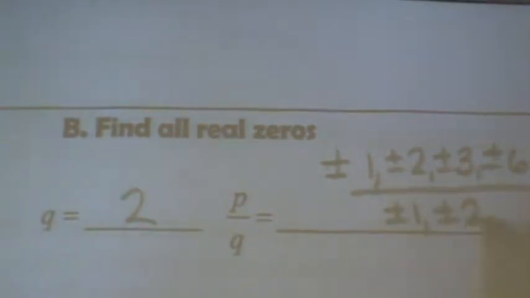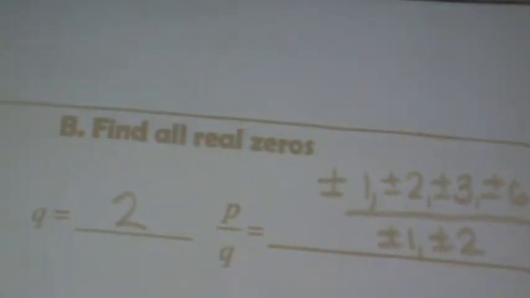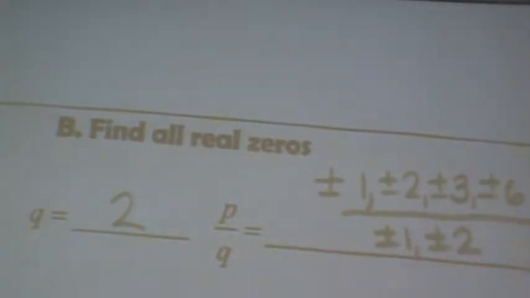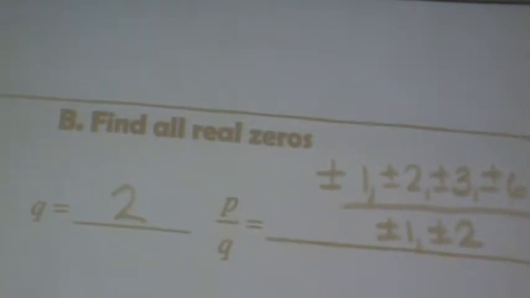Now look at this crazy list. We've got a 1, a negative 1, a 2, a negative 2, a 3, a negative 3, a 6, a negative 6, and then you've got 1/2. 2 over 2 is 1, we already said 1, then you got 3 halves, and 6 over 2 is 3. You got a long list.